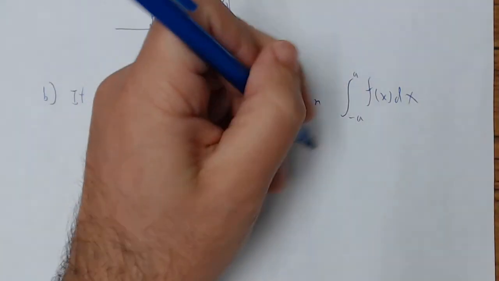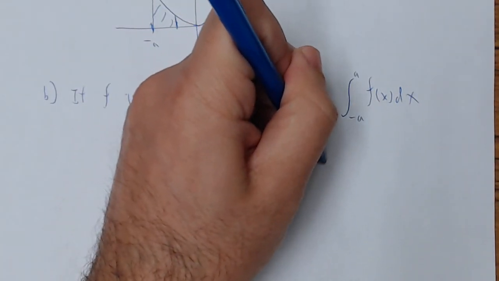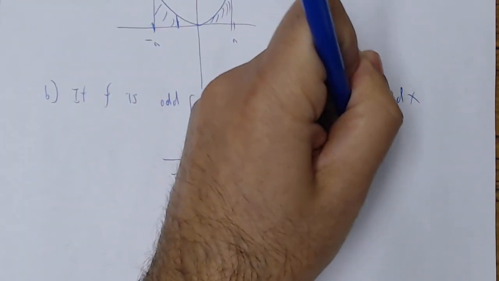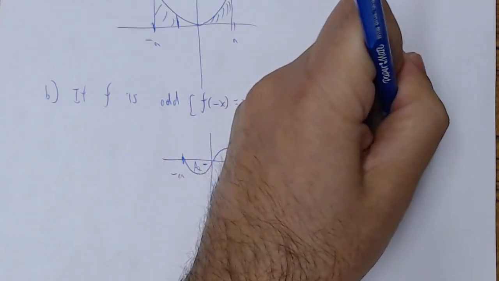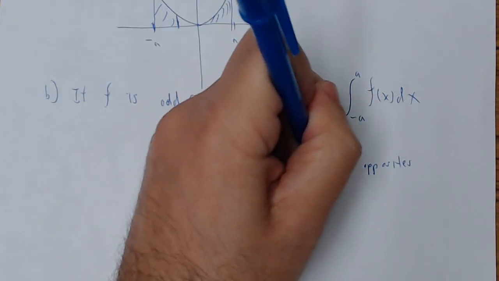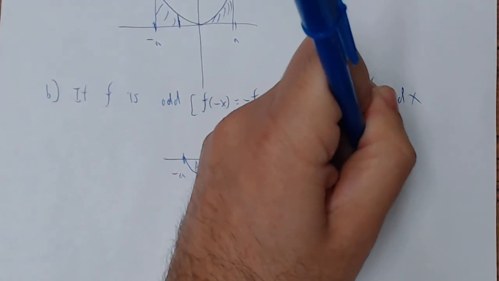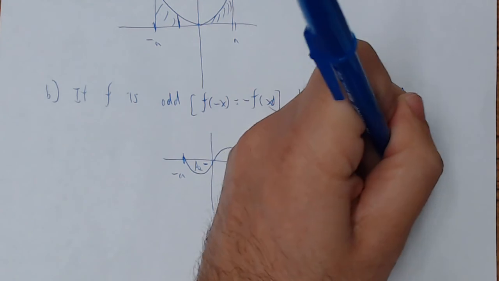So what we notice is, since the areas are opposites, area 1 plus area 2 should equal 0.